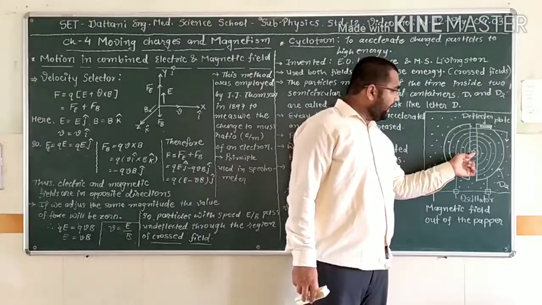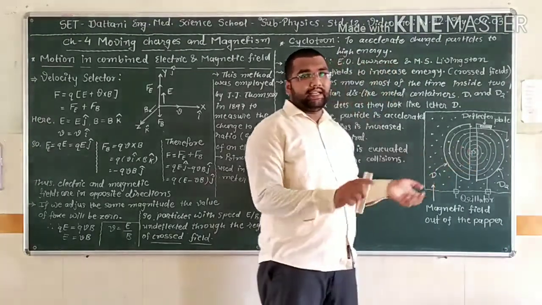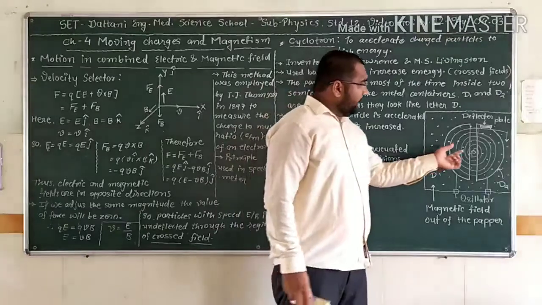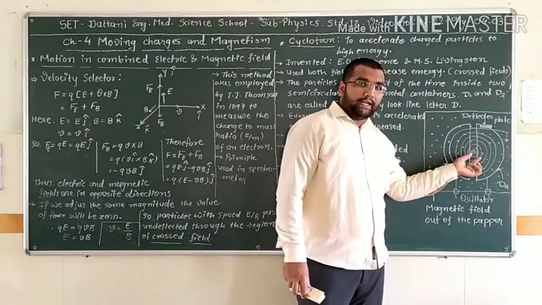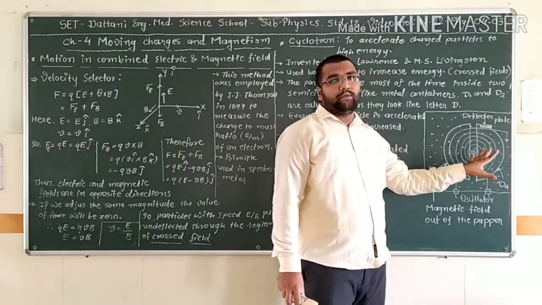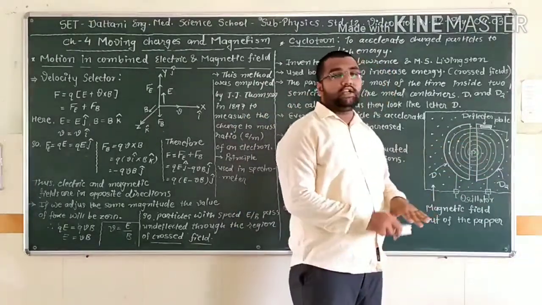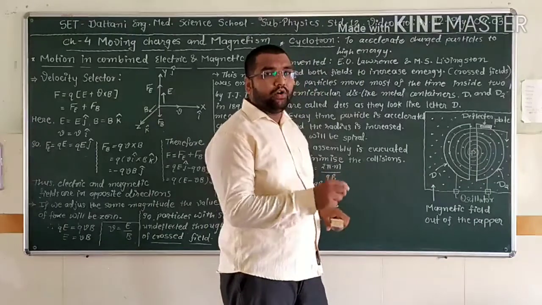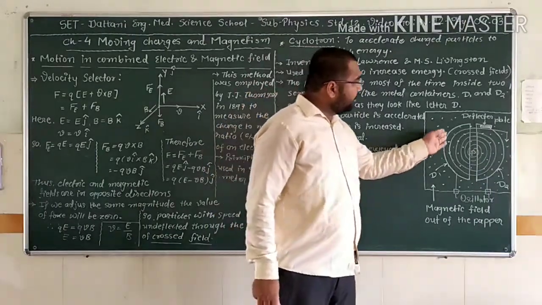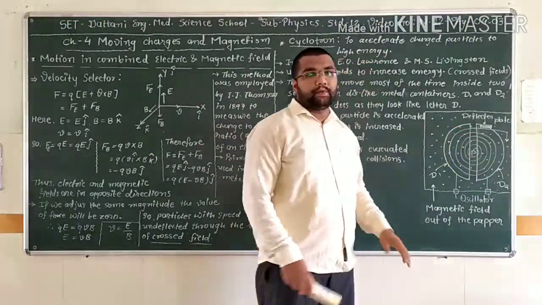So the electric field is increasing the radius and energy of the particle, and the magnetic field retains its path in a circular form. So the path of traveling will be in a spiral shape.